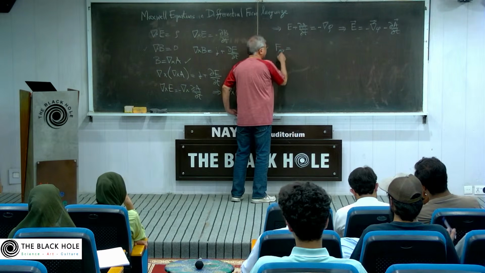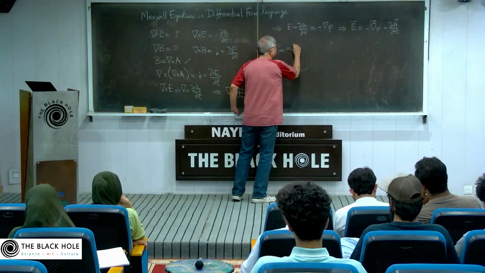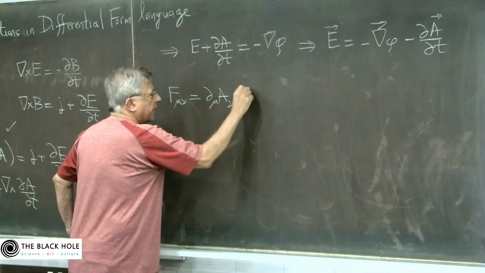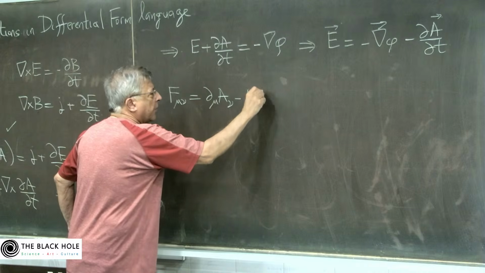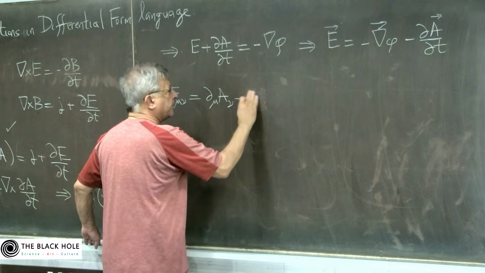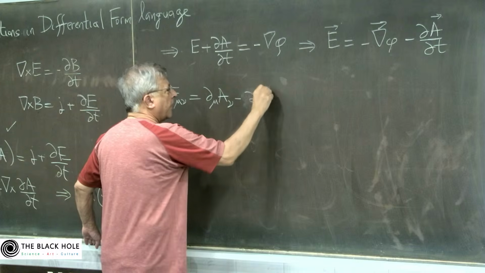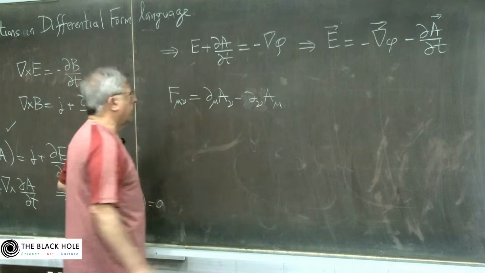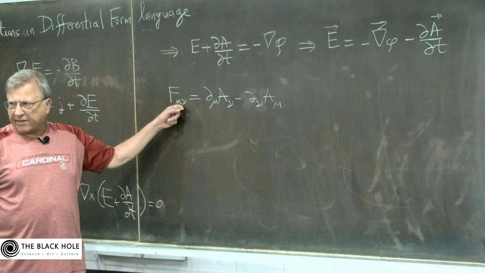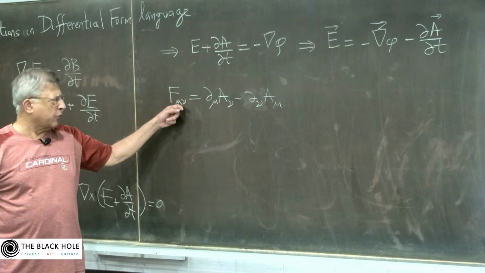And you define what is called the electromagnetic tensor F mu nu, which is defined as d mu A nu minus d nu A mu. This is an antisymmetric tensor quantity.